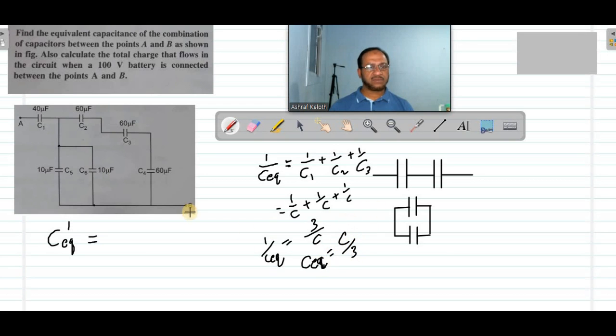3 is the number of capacitors: 1, 2, 3 capacitors. C equivalent is equal to C by N, the simplified equation. C is the value of one capacitor, that is 60 microfarad, and N is 3, since a total of 3 capacitors are there. 60 by 3 is equal to how much? 20 microfarad.